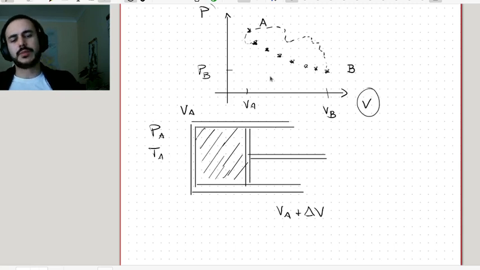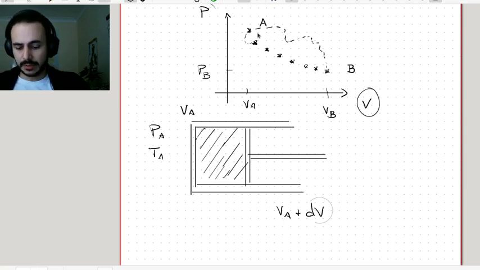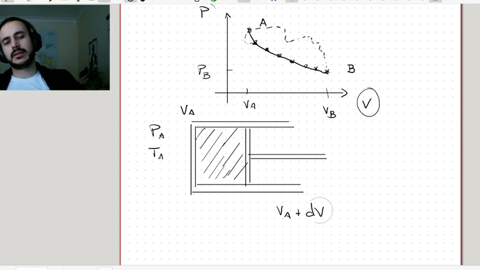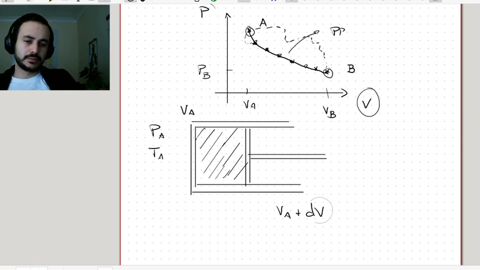What happens now if you make these increments really differential, really infinitesimal? You will get a continuous succession of points in the VP representation, and they will connect the initial state with the final state. This line here is a process, while the endpoints are states.